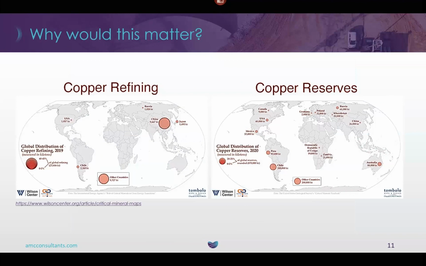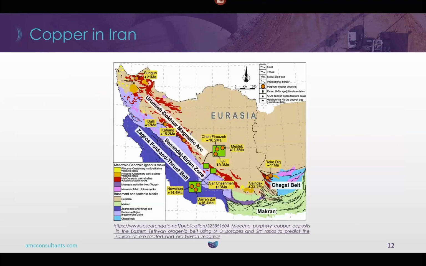But it also gets us back to metals. Now, if you start looking at this, copper, critical to what we're doing, major copper refining is in China. But also, why Iran? Why is Iran going to change things? Obviously, with the geopolitical tensions in the Middle East at the moment. But also one of the things that most people forget is Iran has massive undeveloped copper deposits.